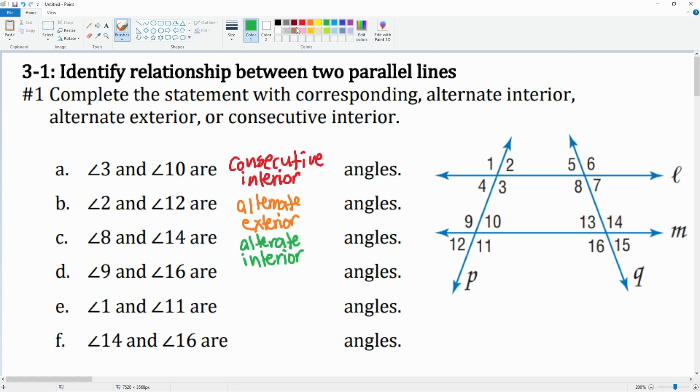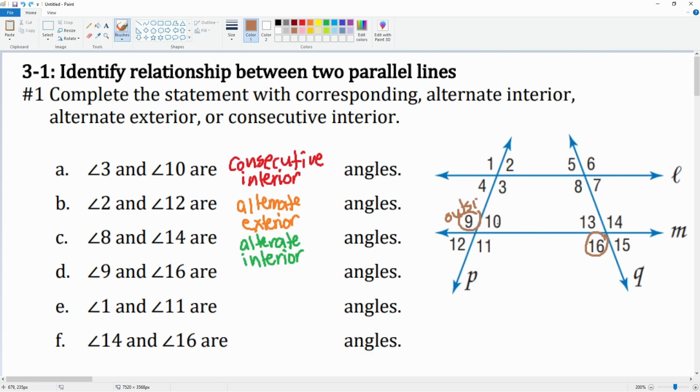Let's look at angle 9 right here and angle 16. Notice that one is on the outside. 9 is on the outside and the 16 is on the inside. And what do I mean by it's on the inside?